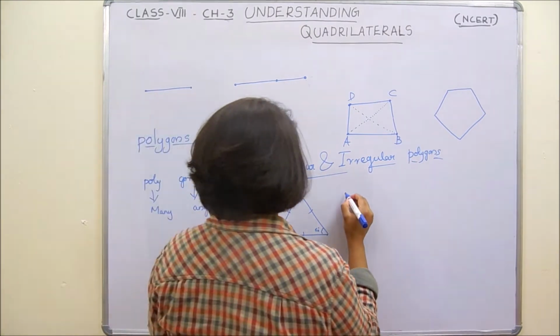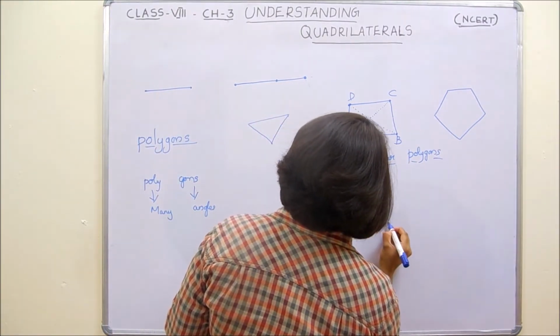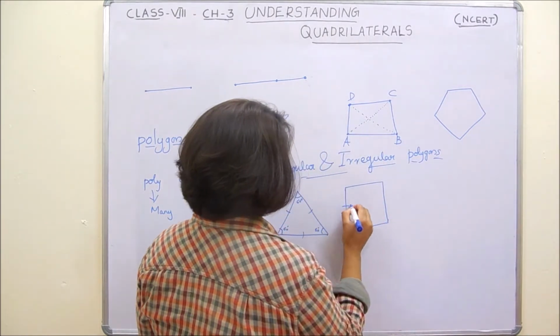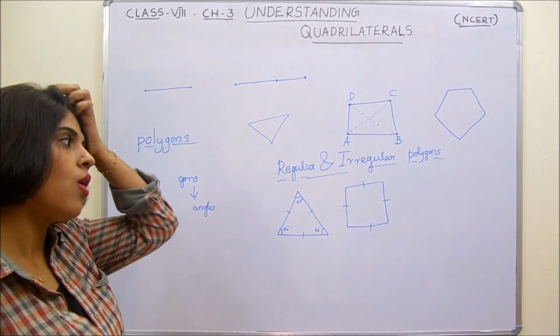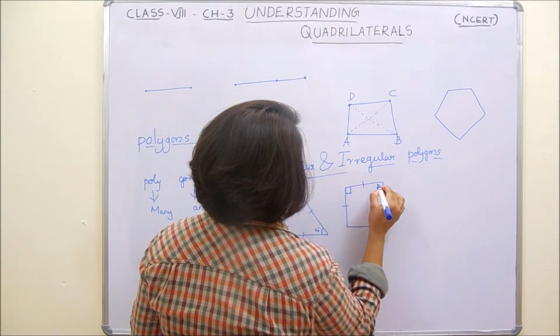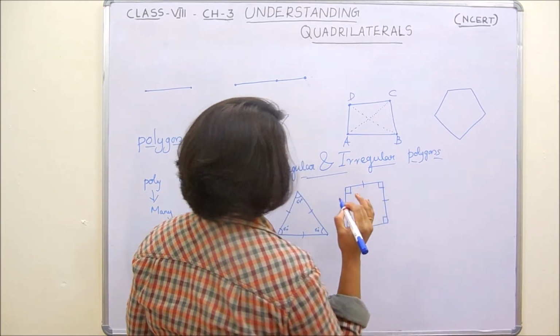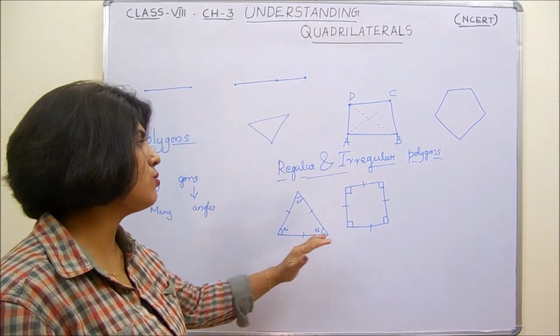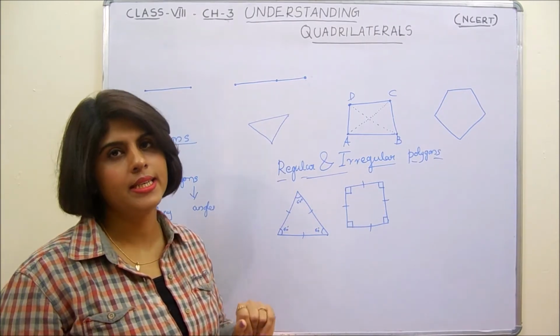And if you are considering a square, in a square also we know that all its sides are equal in length and all its angles are 90 degrees in measure. Right? Yes. So these two are examples of regular polygons.